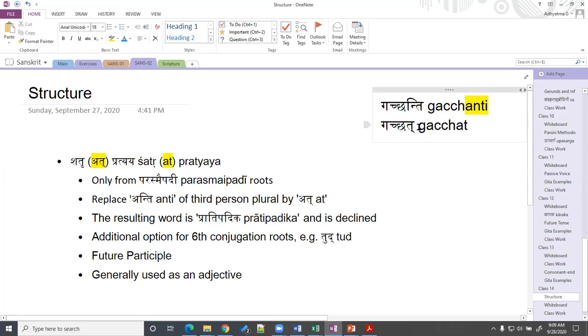So gachat becomes the participle. That's how. So it's very simple to make this participle form. Third person plural, instead of anti, you will replace it by at.